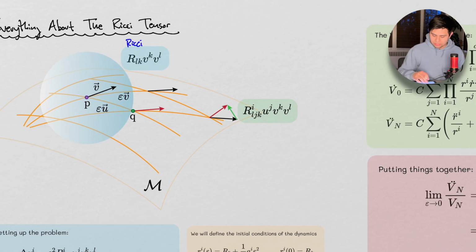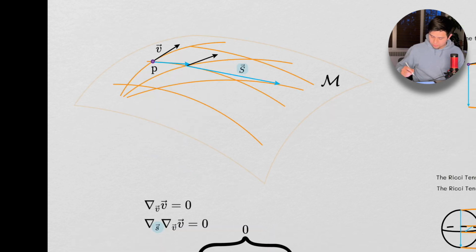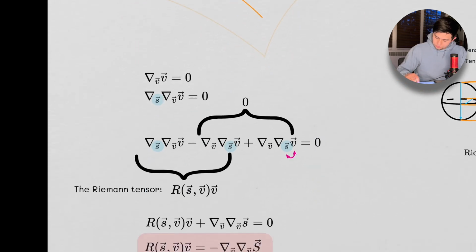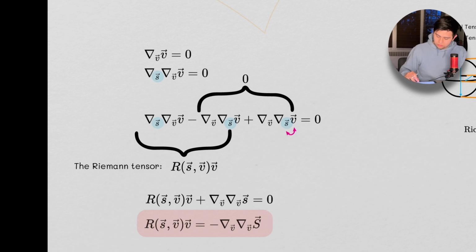Now we're going to do this in a different way, and this way is going to involve geodesic deviation vectors, and we'll get more into geodesic deviation later on. These geodesic deviation vectors are going to be given by these blue vectors here, and we're going to call them S. Okay? And so, let's begin.